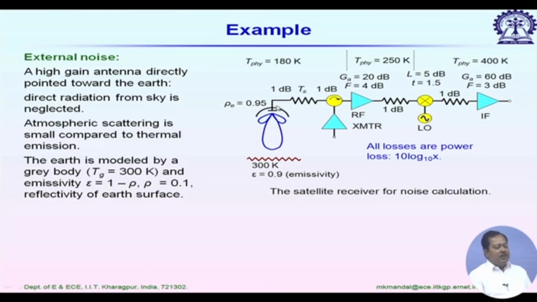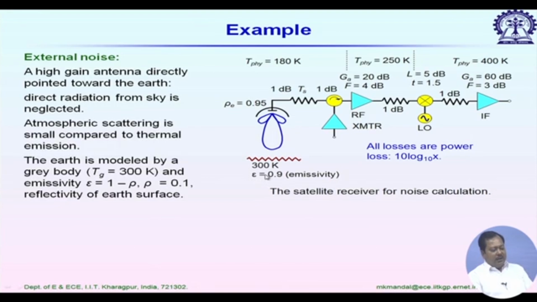So the antenna is directly pointing towards earth, and the earth's physical temperature is given as 300 Kelvin. It is also not a perfect black body, because it is characterized by some emissivity epsilon. Emissivity for a black body is equal to 1.